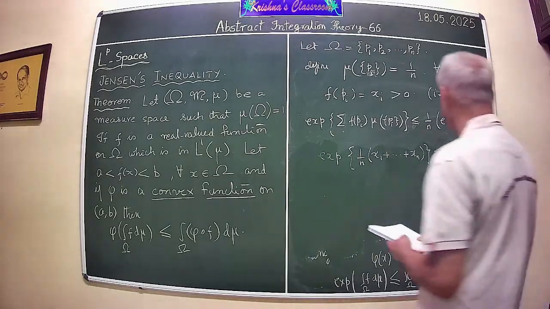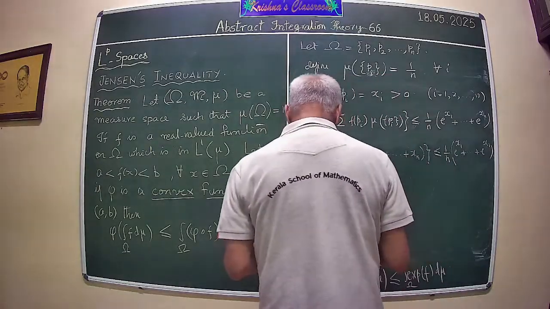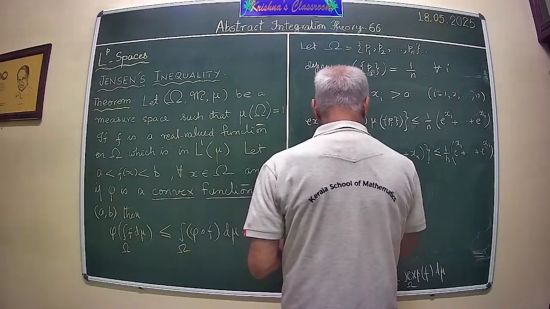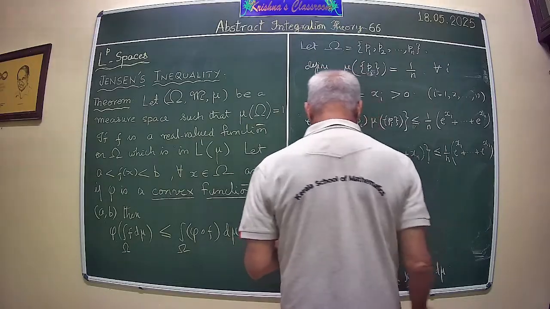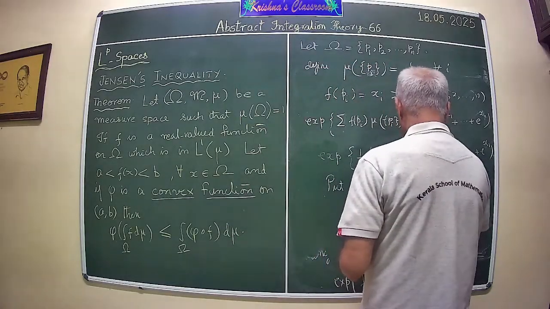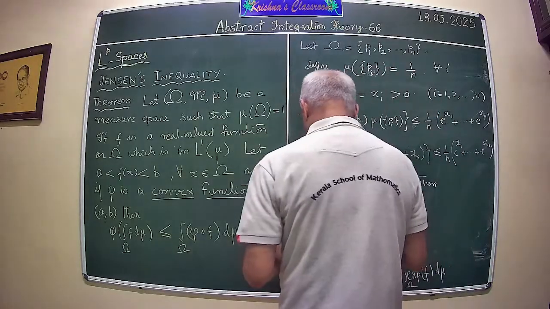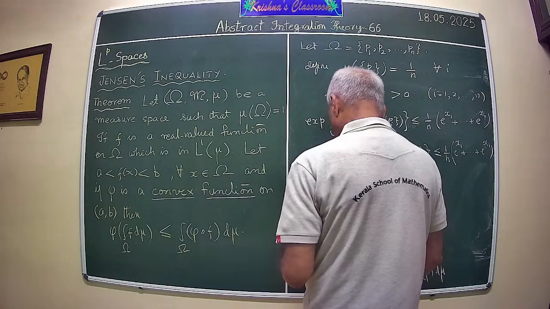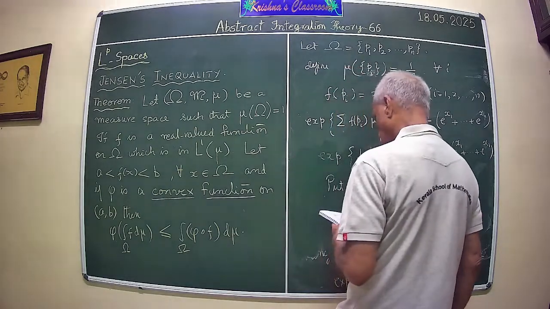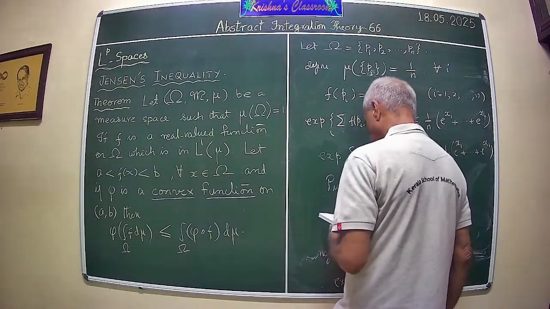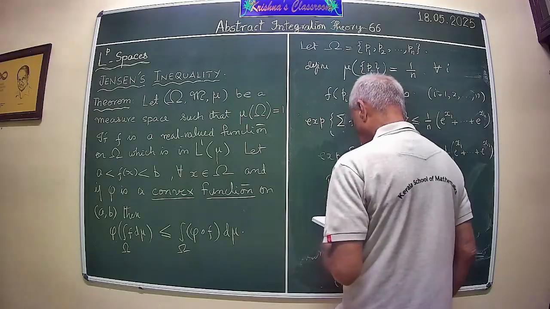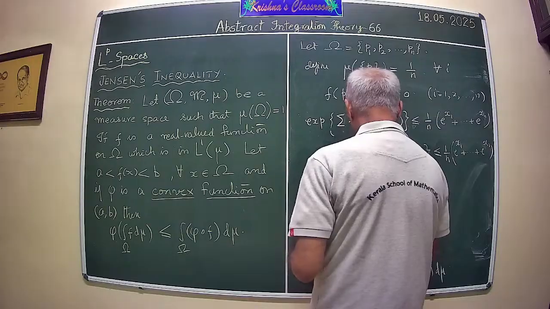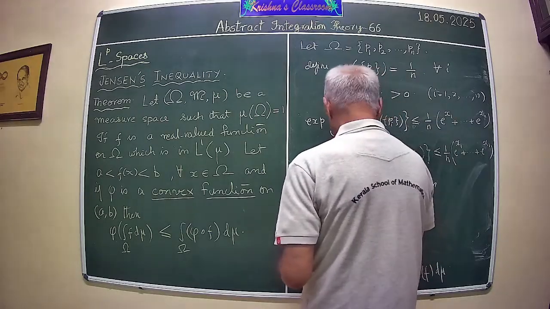So you write e to the power x i by n. Then we have y1 to yn to the power 1 by n.